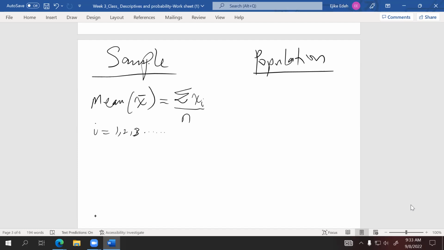So I have xi1, data 1, xi2, data 2, xi3, and so on. In population terms, you use mu as your symbol for mean, and it's also giving us the sum of all your data points. And I'm using capital letter N here, representing the population size, the total number of data points you have in your population.